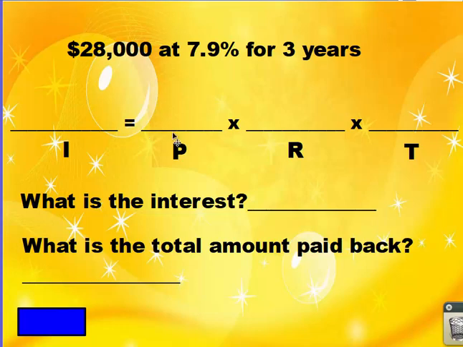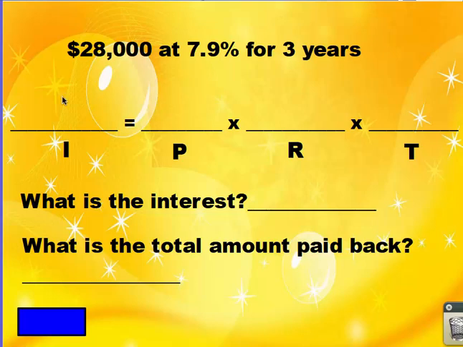Well, these 4 blanks that we have right here, 3 of those blanks we're going to plug numbers into, and we're going to solve for the 4th one. So in this particular one, the question really says, how much interest would I earn, or how much interest would I pay on either a loan or an investment of $28,000 at 7.9% interest over a period of time of 3 years.